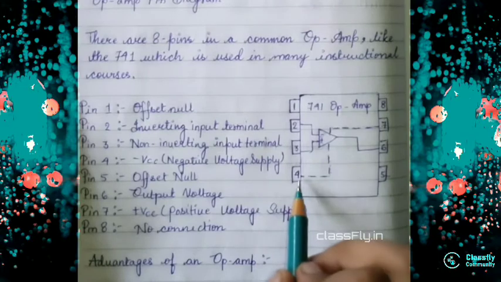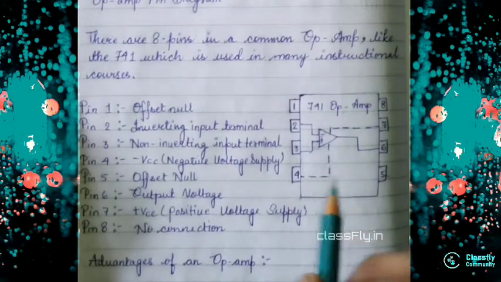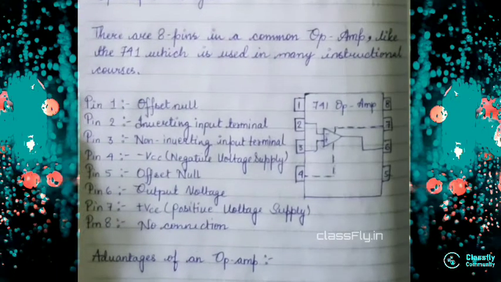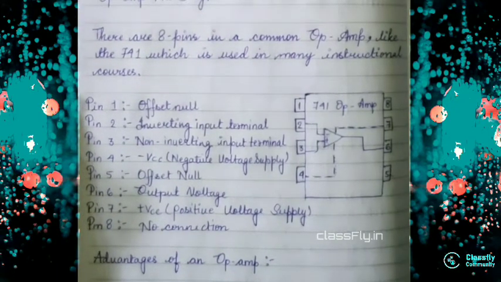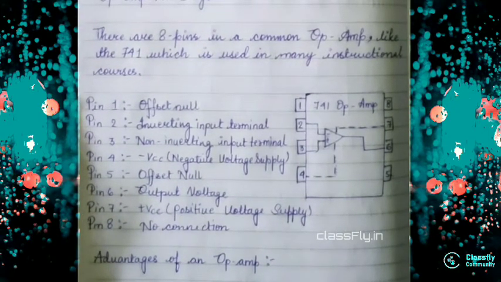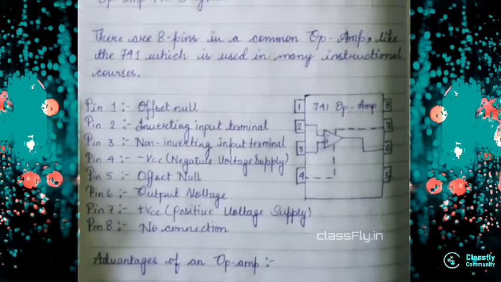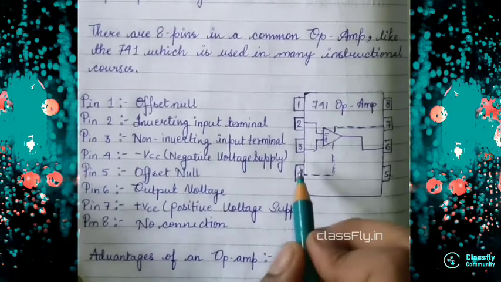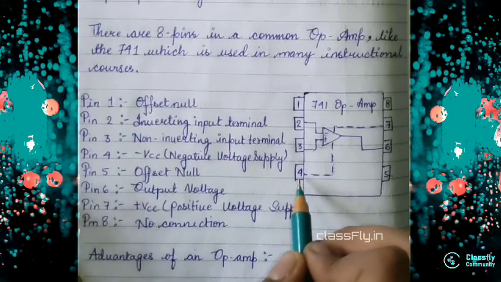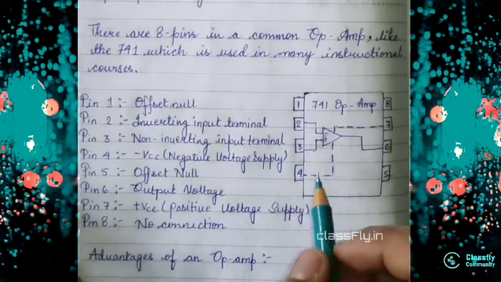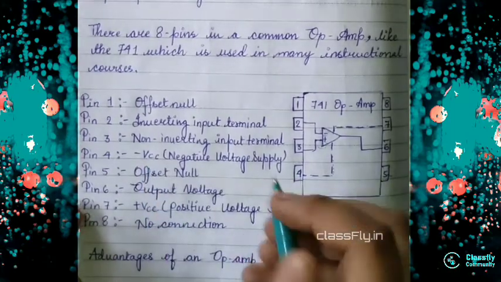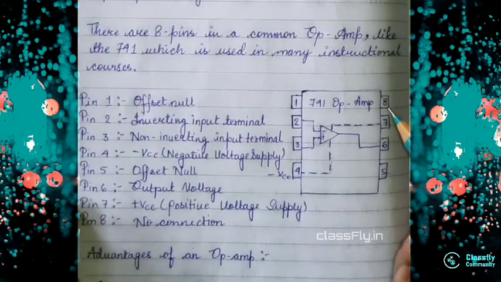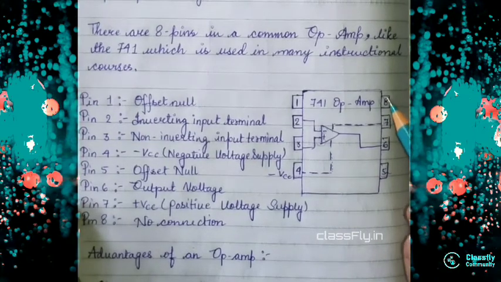Now let's move on to the fourth pin. Basically any chip requires an input voltage or a current flow, right? So it needs a negative voltage as well as a positive one. Our fourth pin is the negative voltage supply for its working, so it is minus VCC, and the diagonal, the 8th pin, has no connection.